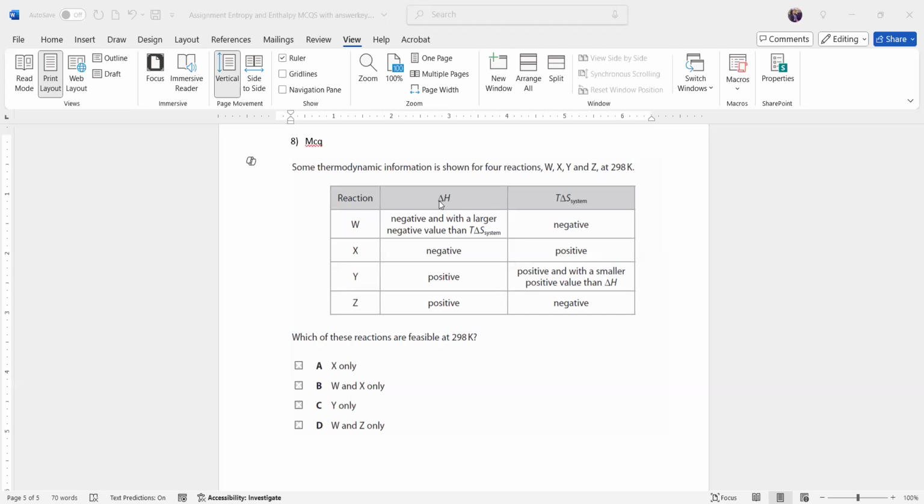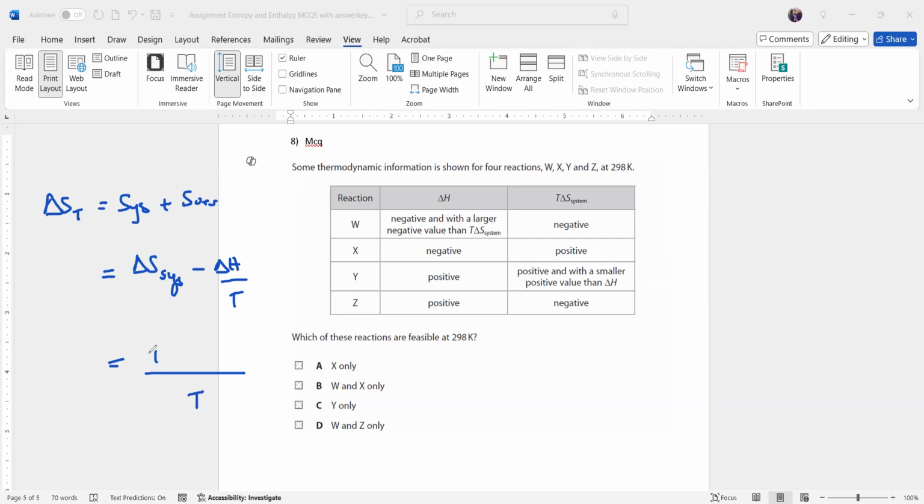Some thermodynamic information is shown for reactions W, X, Y, and Z. And remember, if the total entropy is positive, the reaction is feasible. The total entropy is the sum of the system plus the surroundings. The surroundings is minus delta H over T. When we simplify this, we take T as the LCM.